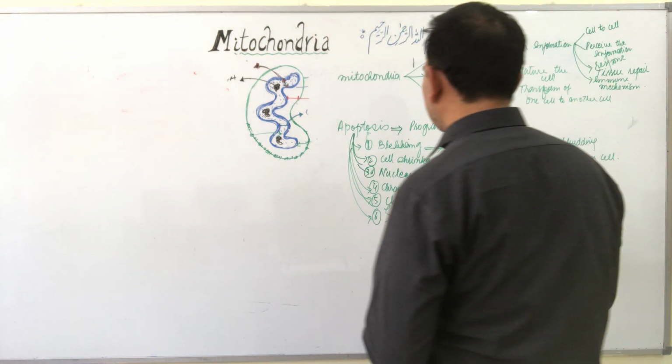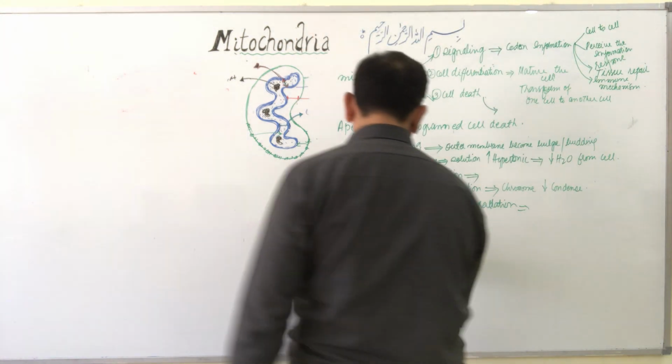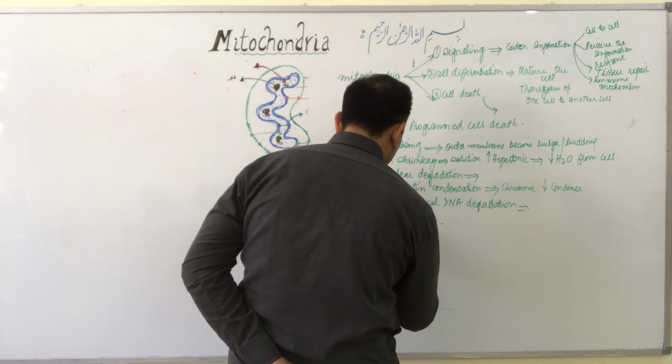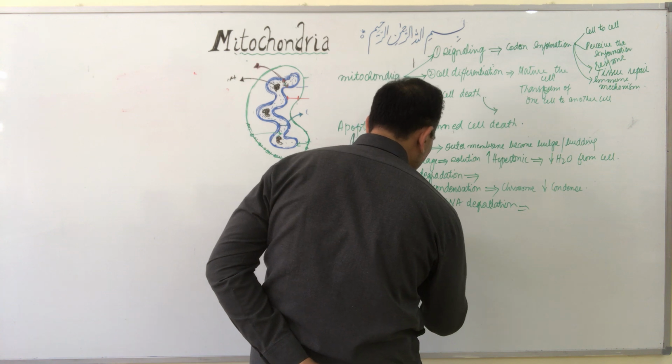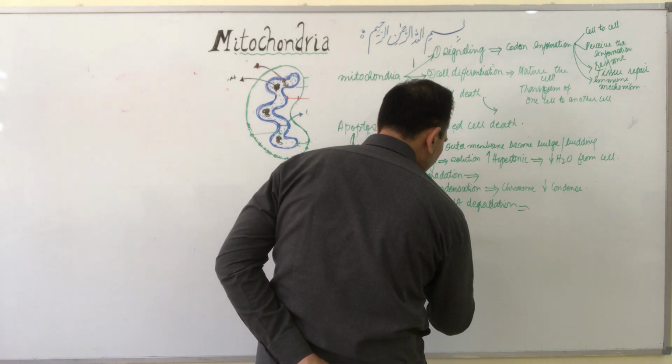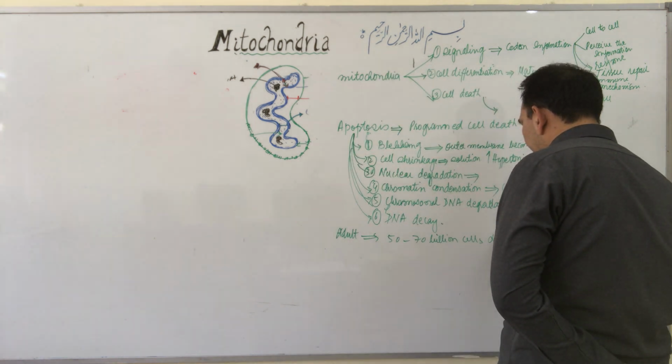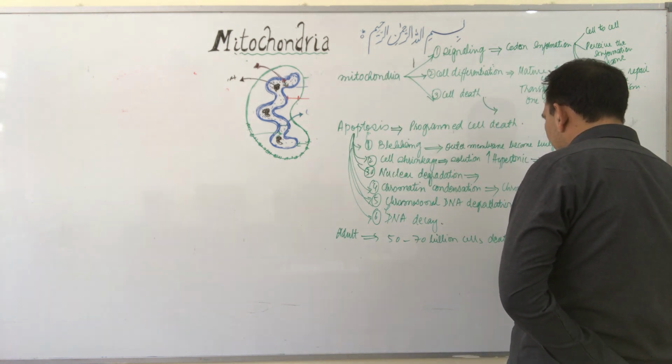Now in apoptosis, in an adult, 50 to 70 billion cells die in each day.